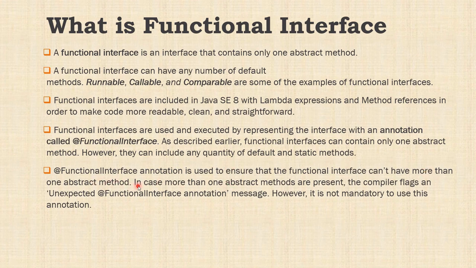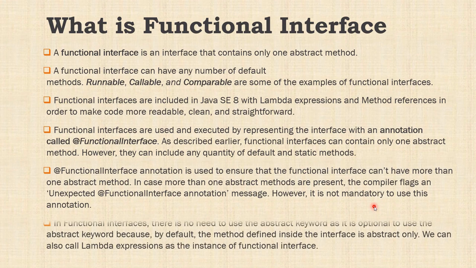In case more than one abstract method is present, the compiler flags an unexpected @FunctionalInterface annotation message. We'll get this message. However, it is not mandatory to use this annotation. So if you use it, it will be good. Otherwise, there is no force to use @FunctionalInterface for creating a functional interface.